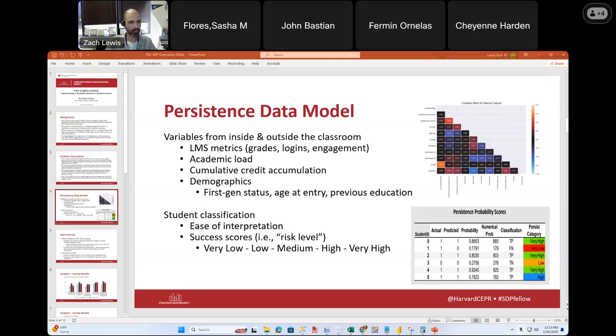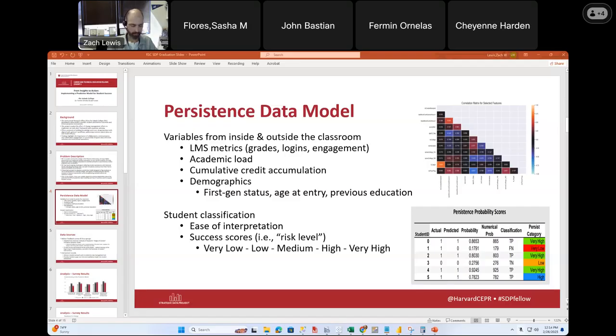We have the initial one, a logistic regression, and now a second one which is a little more complicated and has more attributes than the initial one. These models run daily and generate what we call prediction probability scores.